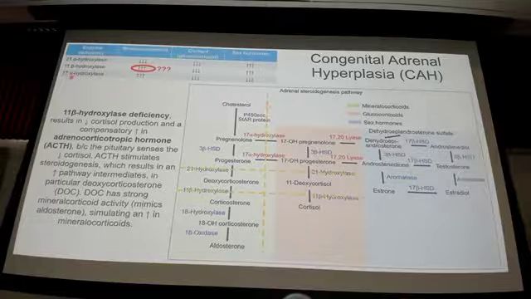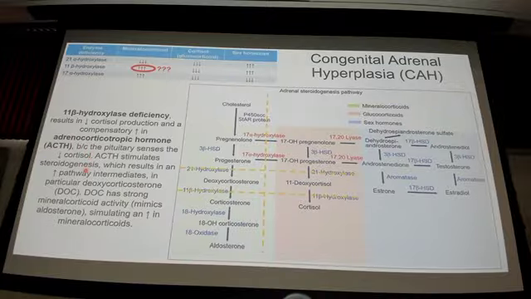Now 11-beta hydroxylase was a little bit different. We saw that if this enzyme is deficient, there is going to be a reduction in cortisol, so there's going to be an increase in sex hormones, but we saw a paradoxical increase in mineralocorticoids. That is due to a compensatory mechanism from our pituitary gland causing adrenocorticotropic hormone to be produced, because the pituitary gland senses that cortisol levels are low.